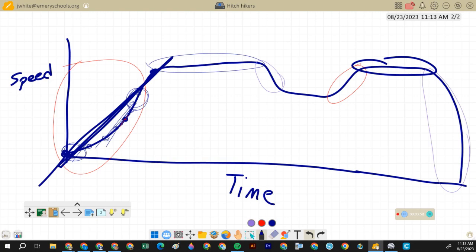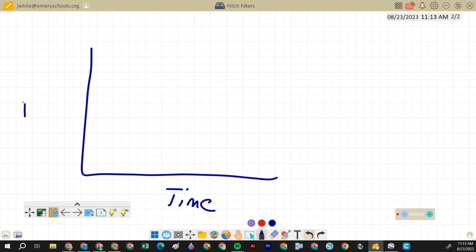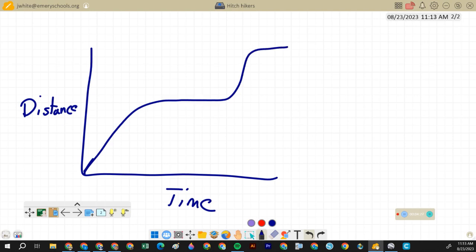So if we were to look at the position graph, so this is a graph of time and distance, how far we've traveled. Okay, so let's say we do this. No, that's boring. Let me do a better job. Okay. What is happening right here?